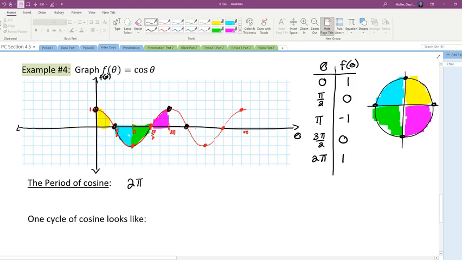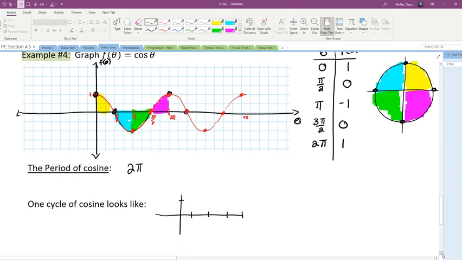All right. So one cycle of cosine, just like sine, is broken up into 4 parts because it comes from the 4 quadrants. So we just have to focus on the high, the 0, the low, the 0, and then start over again.